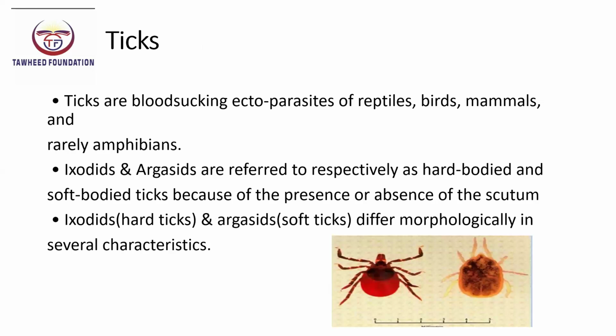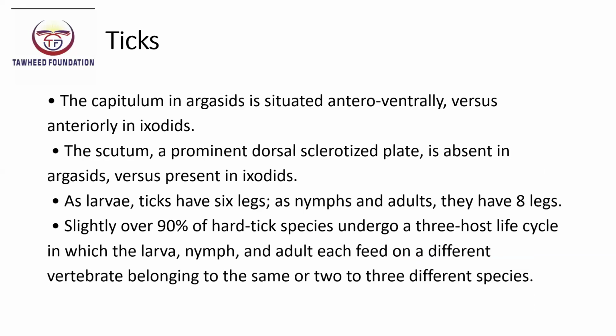Next is ticks. Ticks are blood-feeding ectoparasites found on reptiles, birds, mammals, and occasionally amphibians. They belong to two main groups, hard ticks and soft ticks, distinguished by the presence or absence of a dorsal scutum. Hard ticks have the capitulum located anteriorly, while soft ticks' capitulum is positioned ventrally underneath.